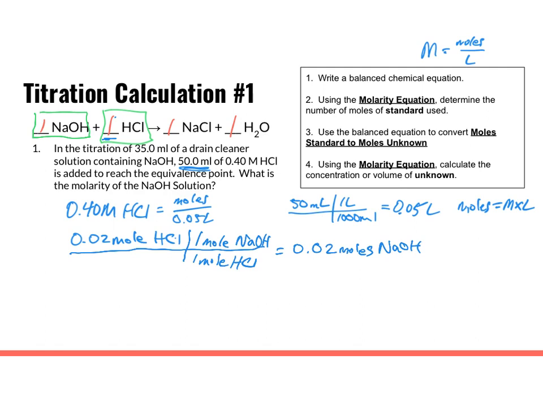So my last step here, we're almost there to the finish line, is we're going to use that molarity equation again, and we're going to calculate, well, okay, if we've got this many moles of NaOH, what's my concentration? Moles is not a concentration, molarity is. And back to the problem, if I'm dealing with 35 milliliters of that drain cleaner, that NaOH, that's going to tell me that I've got my 0.02 moles of NaOH.